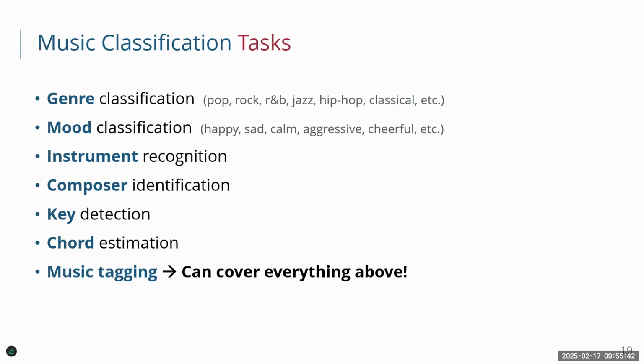We usually do it continuously. There's another way to model mood as a regression problem. Regression is predicting continuous values, and classification is predicting discrete values. But anyway, if you formulate your task as classification, you can still do mood classification. And you can do instrument recognition, basically what we've done in homework 3.